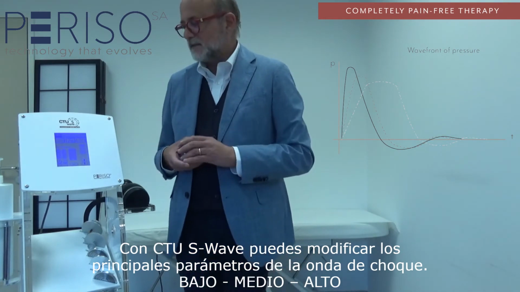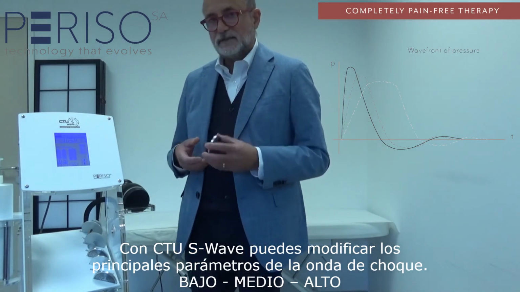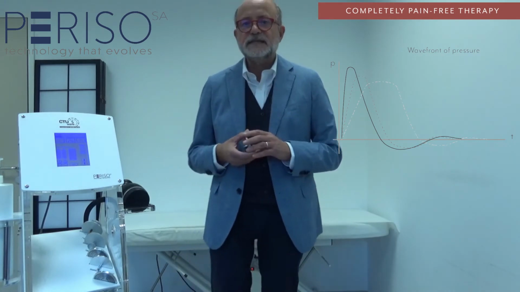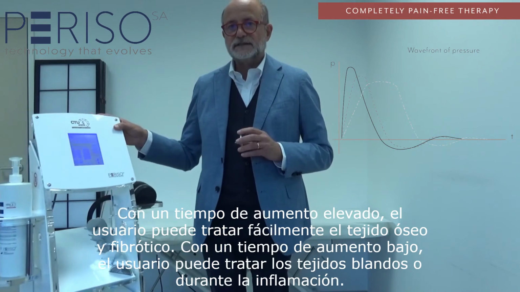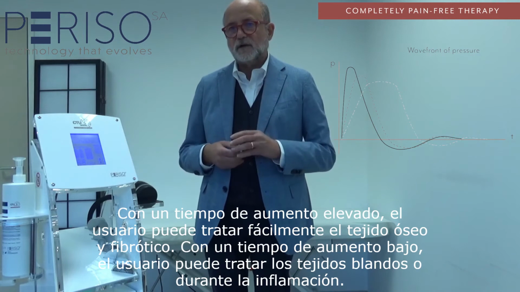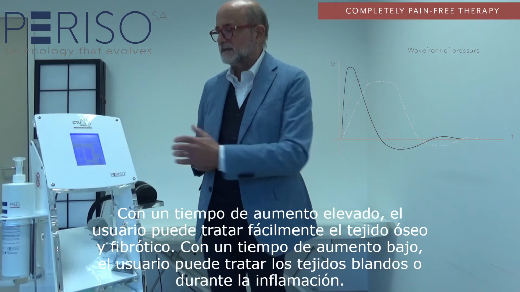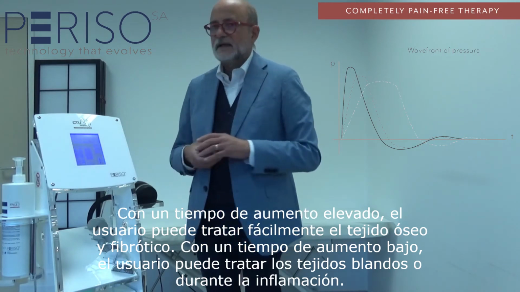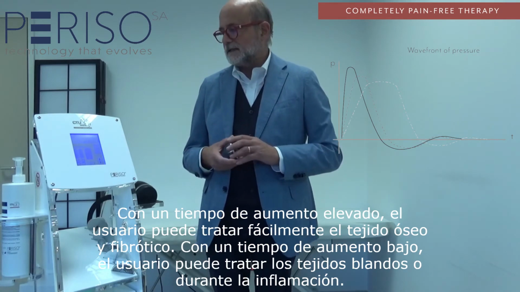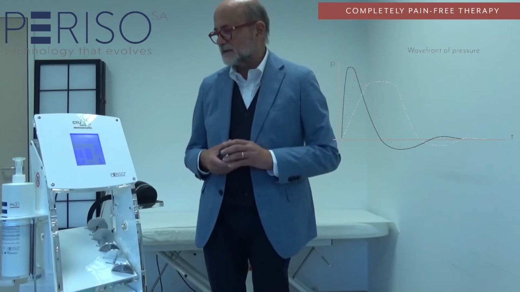I can work with a low rise time or with a medium rise time and high rise time. This means that I can treat easily with high rise time bone or fibrotic tissues, as well as I can treat with low rise time soft tissue or use the machine easily in the inflammatory concerns of the musculoskeletal disorders.